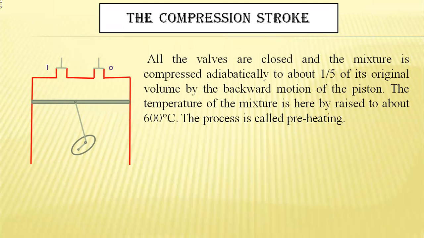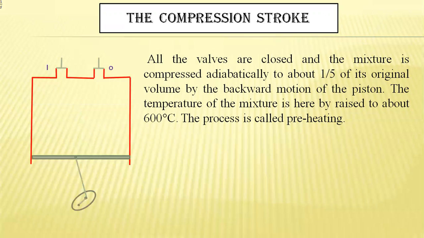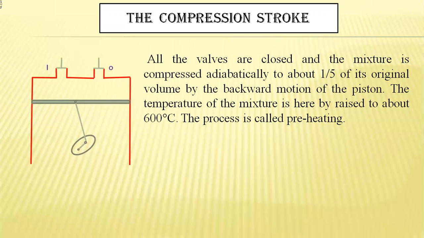Here the temperature rises up to 600 degrees Celsius. And this process is called preheating. That is, in this case, all the valves are closed and the gas is compressed adiabatically and the temperature increases up to 600 degrees Celsius.